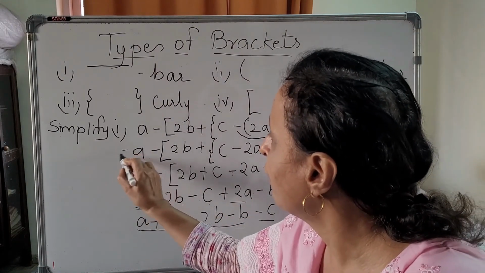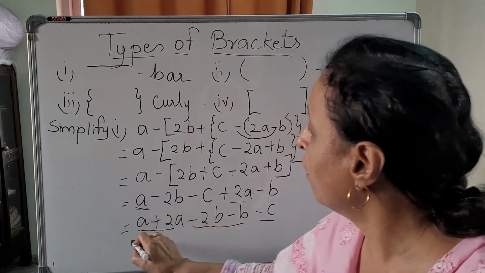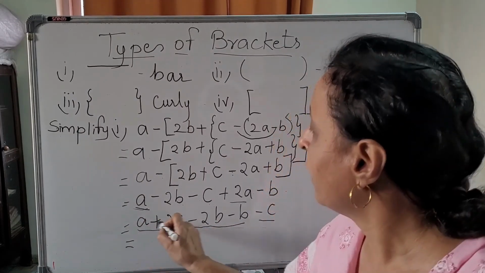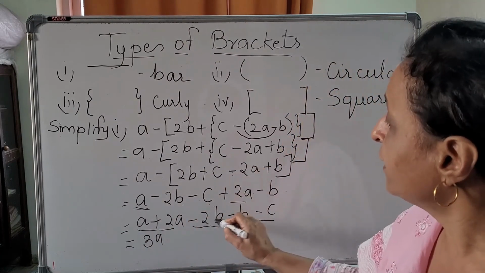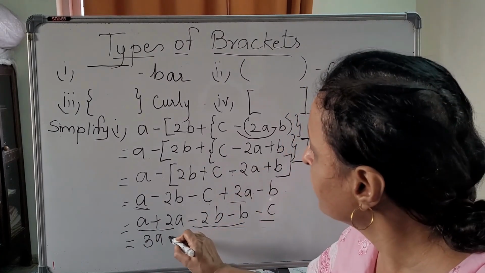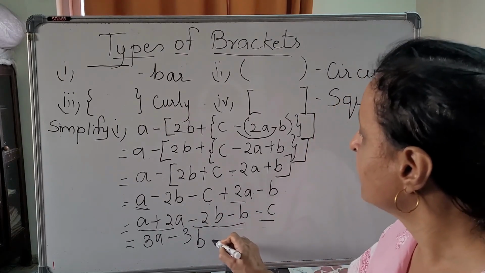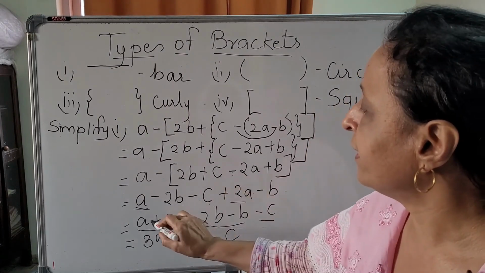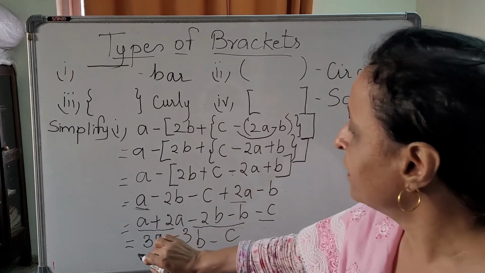Now here you have to write the equal to sign and then you have to add it. A plus 2a is 3a. Minus 2b minus b, it is minus 3b. Minus c. So you get the answer 3a minus 3b minus c.